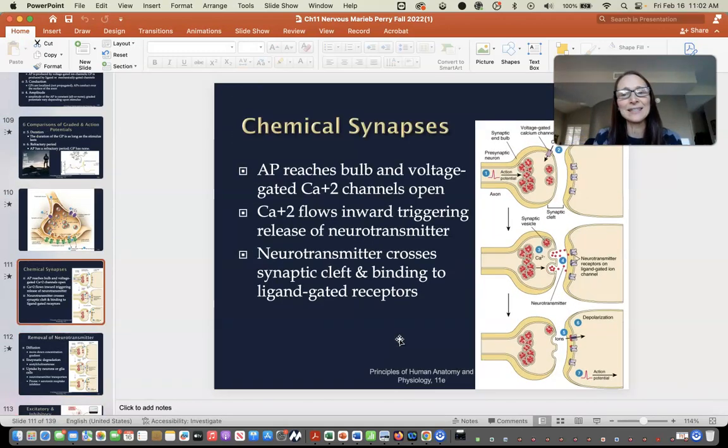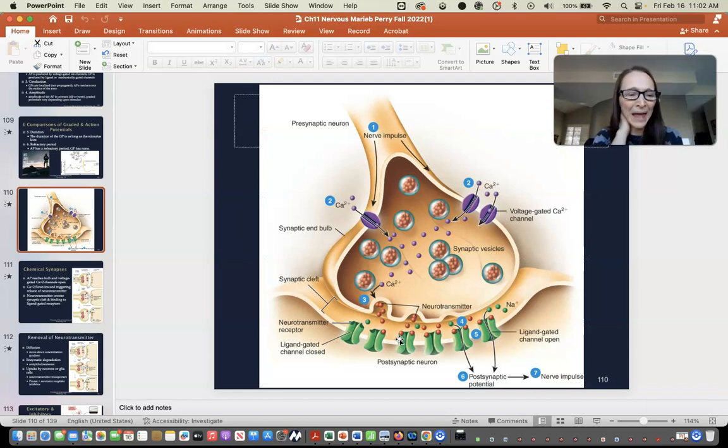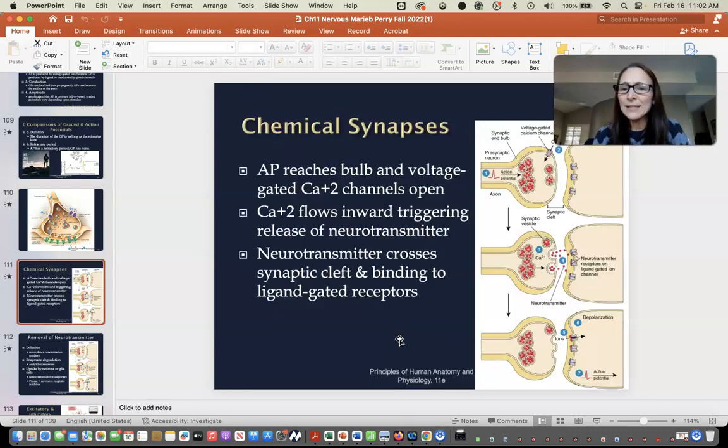And then the last, don't hate me, the last process that you really have to get down is chemical synapse. You know how we talked about the synapse, the neuromuscular junction, where a nerve innervates a muscle? Here you have to know the step-by-step process of how the message gets passed from one neuron to the next neuron, okay? For the physiology of a synapse and the chemical synapses, there is a step-by-step process on slide 110 through 112.